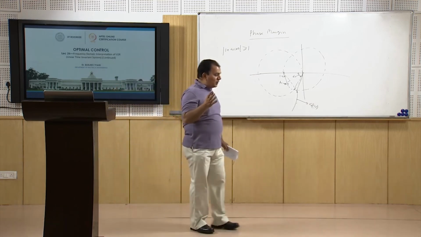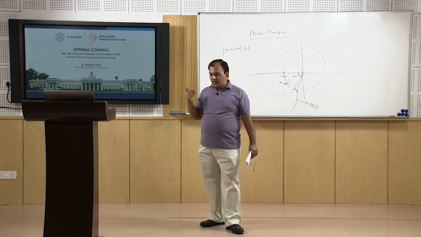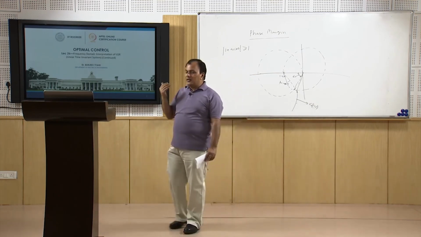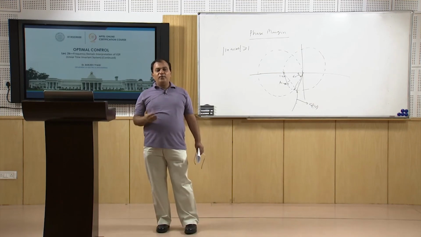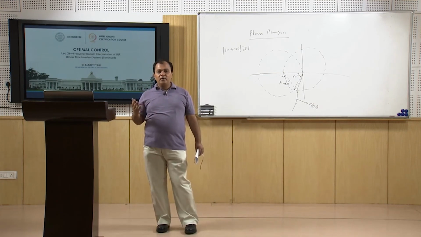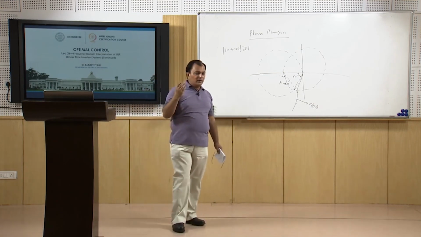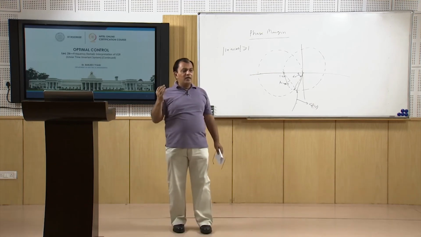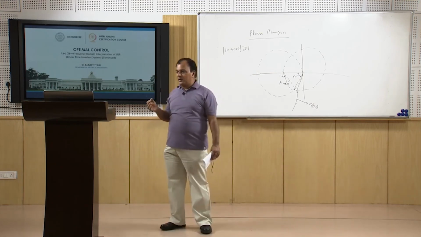So, by this we can conclude that an optimal state feedback system is a stable system having a good stability margin also.